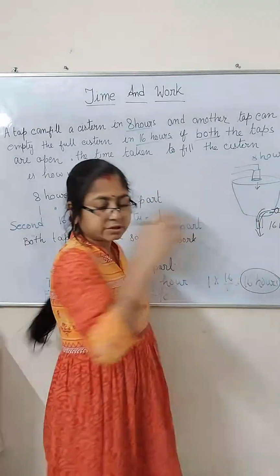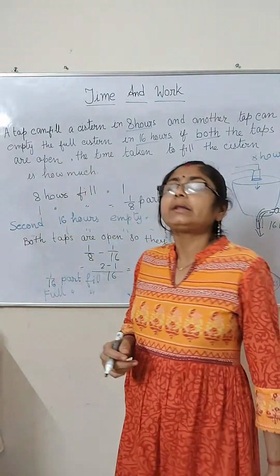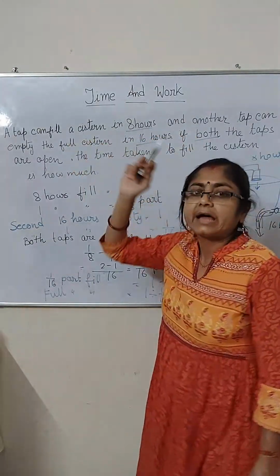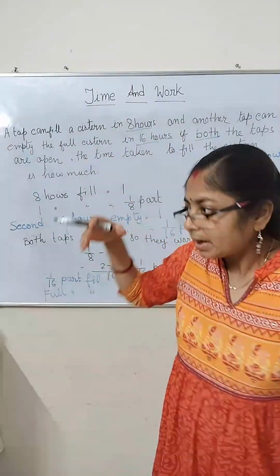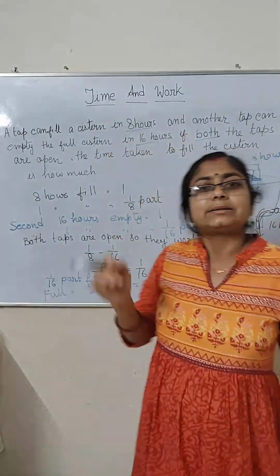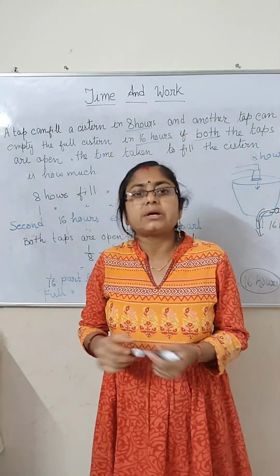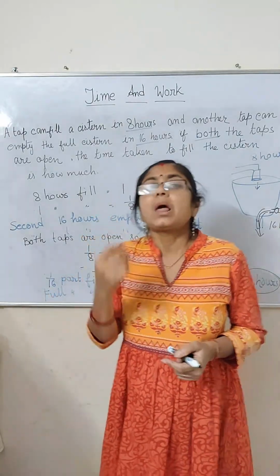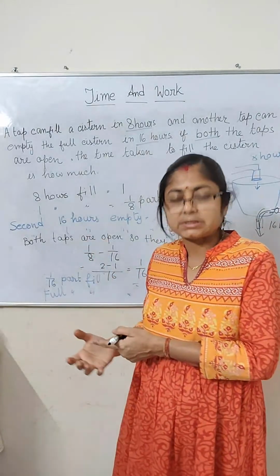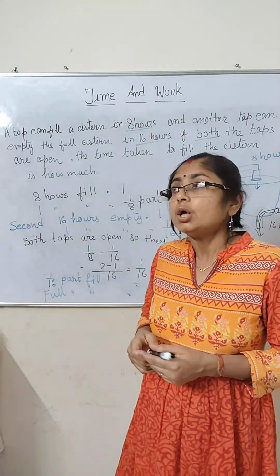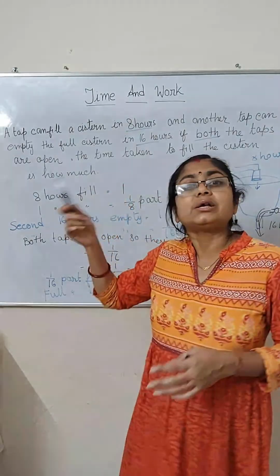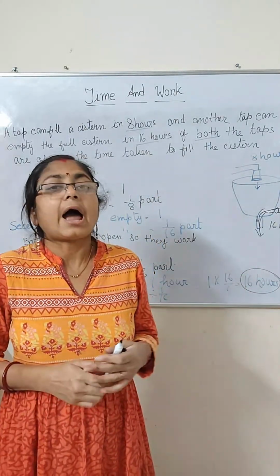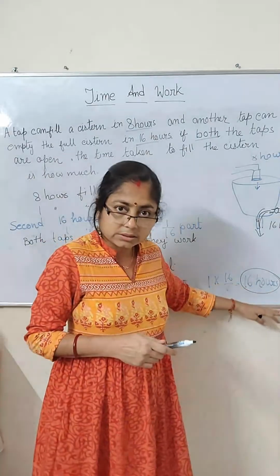Check it. What I am telling: when one tap is open, it fills the cistern in 8 hours. But when there are two taps, one can fill the cistern and another one empties it, so when both are working, more time is needed. And you check it, the time is 16 hours.